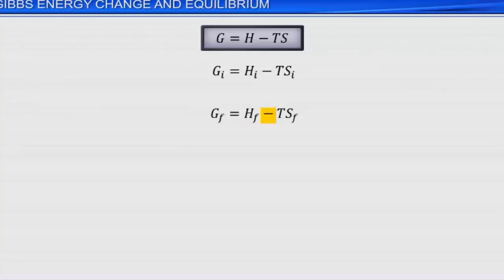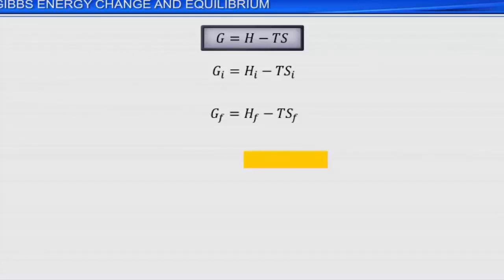Thus, change in Gibbs energy, that is, Gf minus Gi, equals change in enthalpy, Hf minus Hi, minus product of absolute temperature T and change in entropy, Sf minus Si.